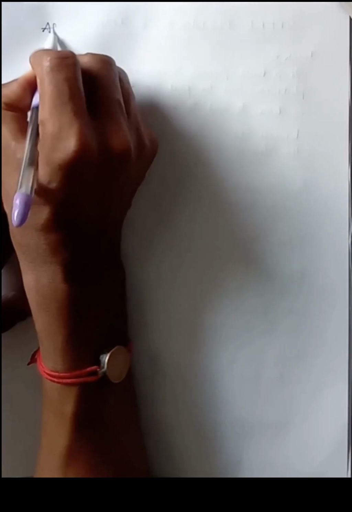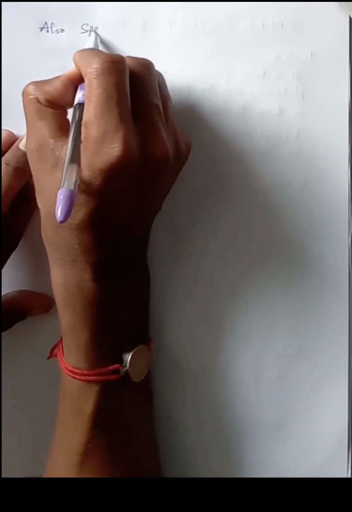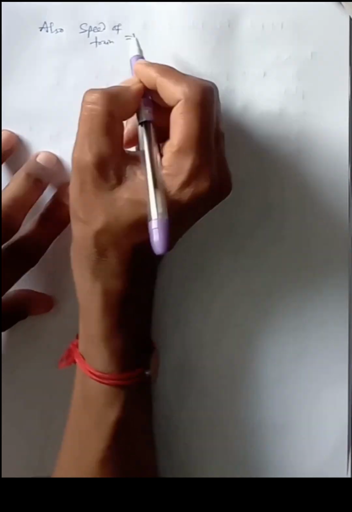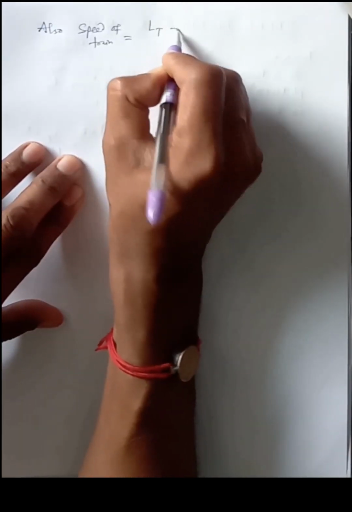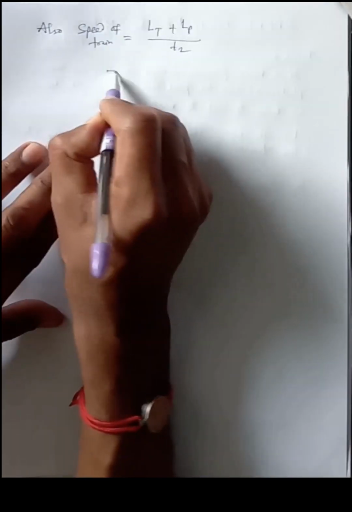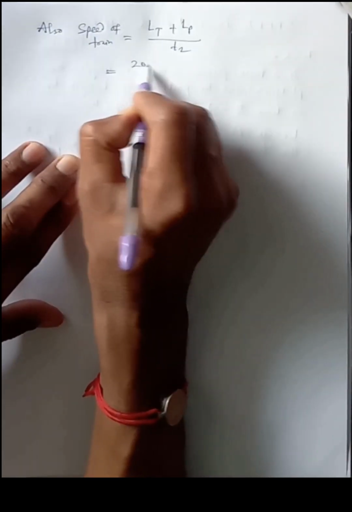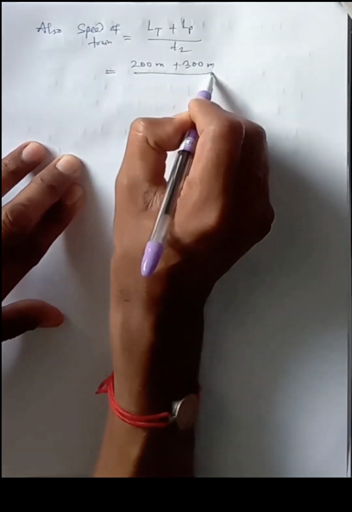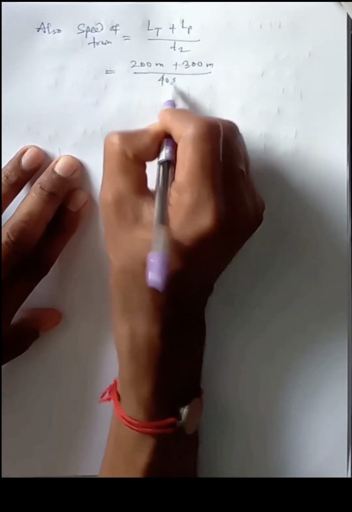Also, speed of train is equal to LT plus LP divided by t2. This is equal to 200 meter plus 300 meter divided by 40 second.